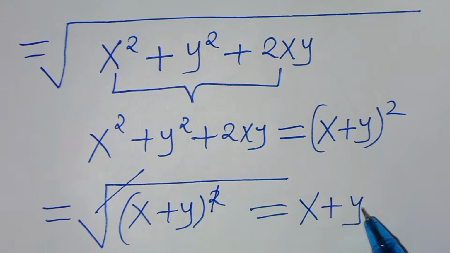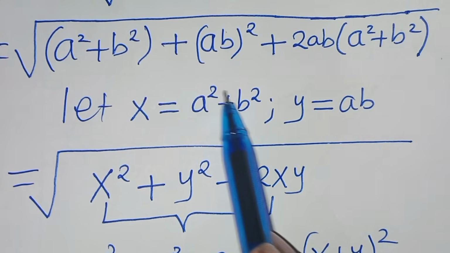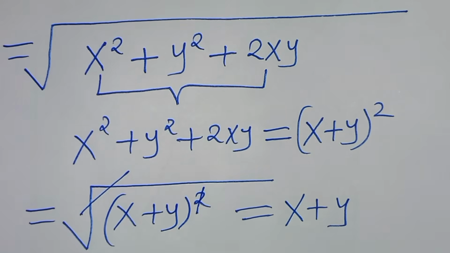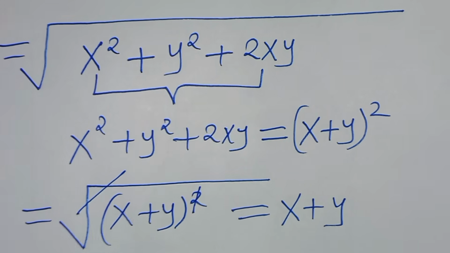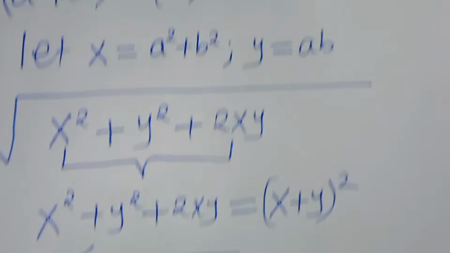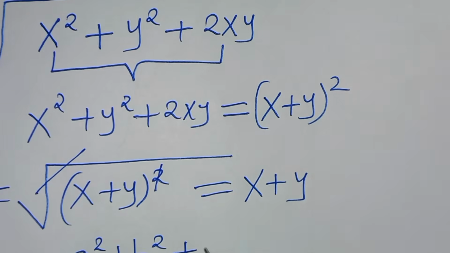Now, we have x plus y. But if you recall here, x is the same thing as a squared plus b squared. So this implies that here we have a squared plus b squared, then plus y. Y is a times b, so plus a times b.